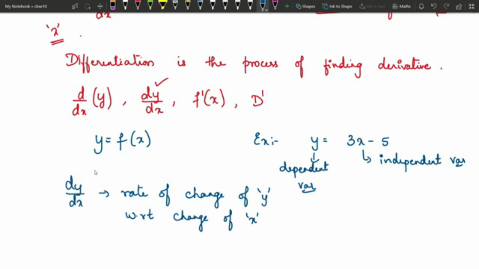And if you are a commerce student, if you get into commerce later, you have sales trajectories, wherein you have to estimate how much sales will happen in the future based on the previous sales. In all those things, to estimate future values, you will be using differentiation.